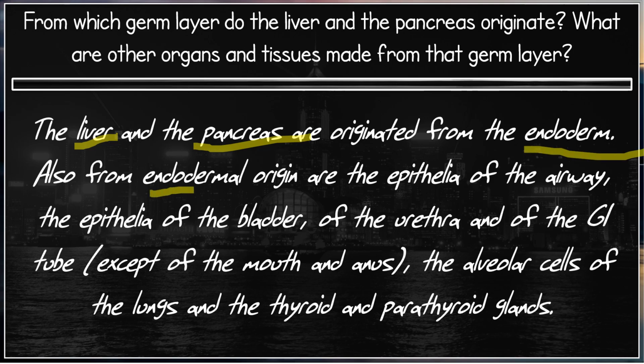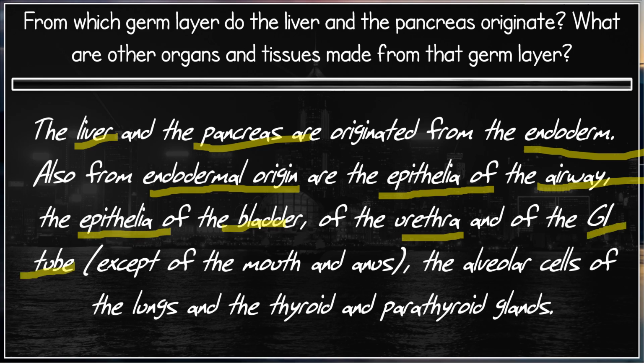Also of endodermal origin are the epithelium of the airways, epithelium of the bladder, urethra, and the gastrointestinal tube, except of the mouth and anus, alveolar cells of the lungs, thyroid and parathyroid glands.